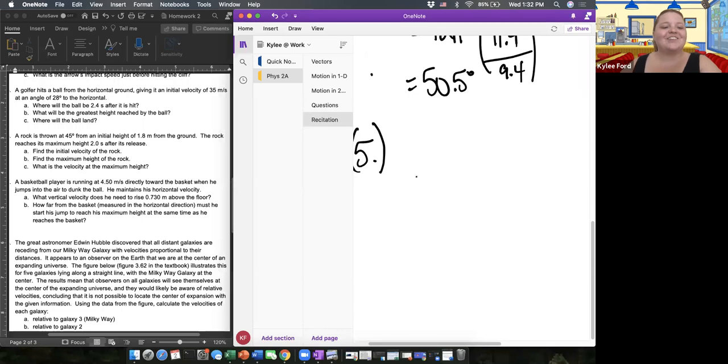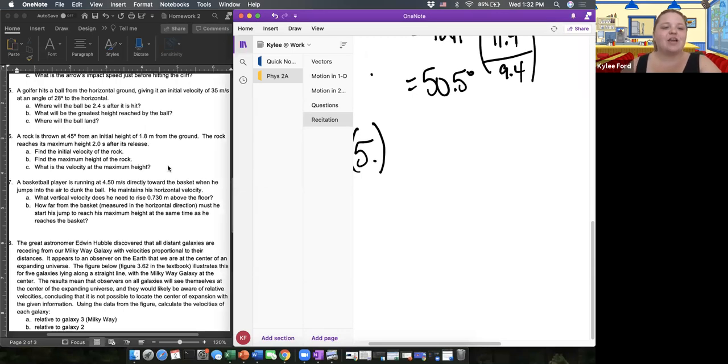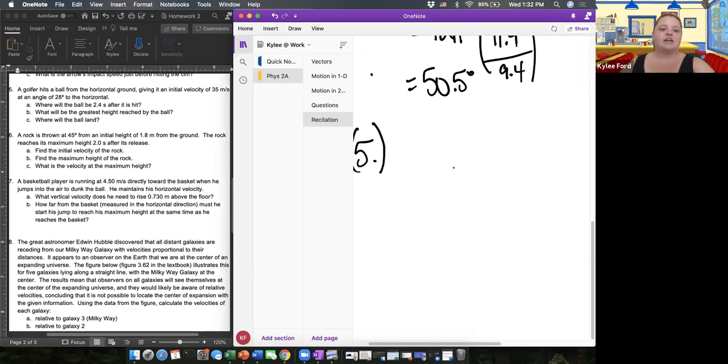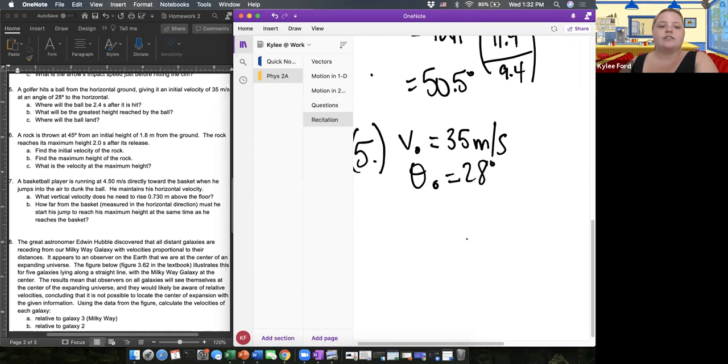All right, so number 5 says that we have a golfer who hits a ball from the horizontal ground and gives it some initial velocity. So I'm gonna write these things down as we go. So initial velocity of 35 meters per second at some angle of 28 degrees, okay?